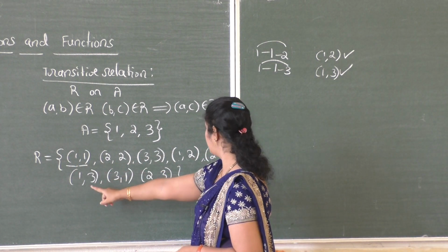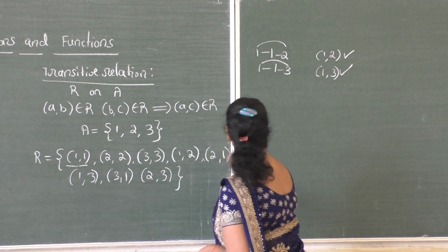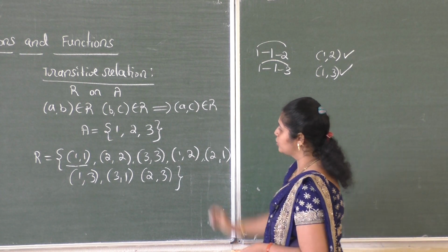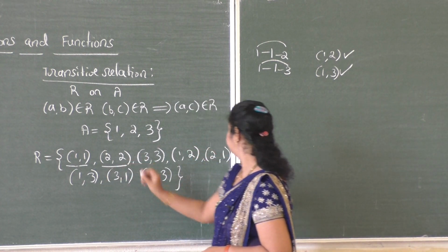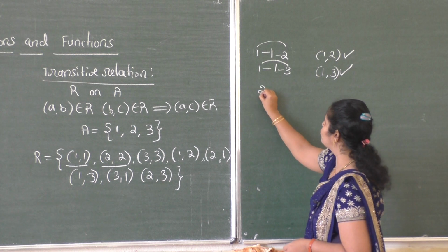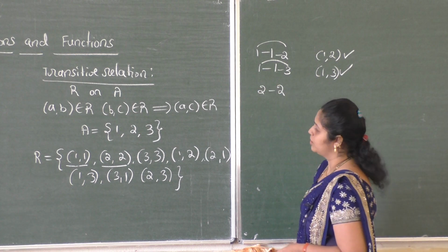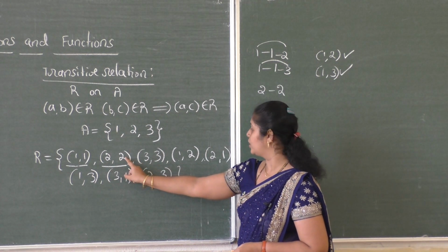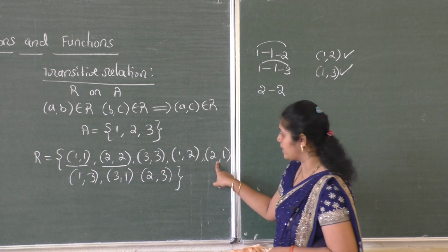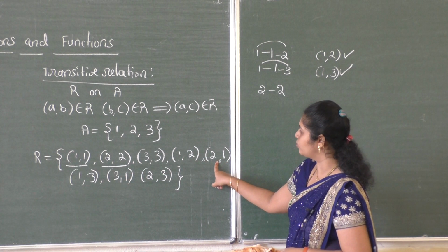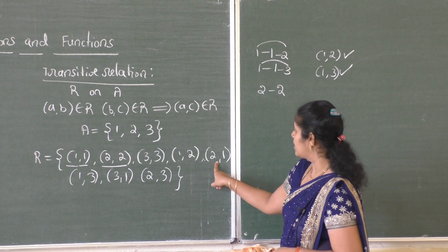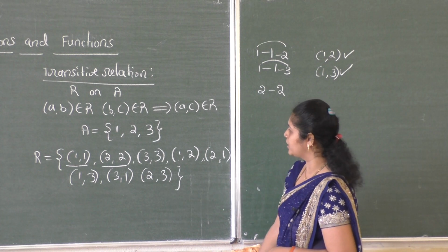Now look at the second ordered pair, that is (2,2). Now 2 goes to 2. Then here we have 2 goes to 1 and 2 goes to 3. Only two ordered pairs.